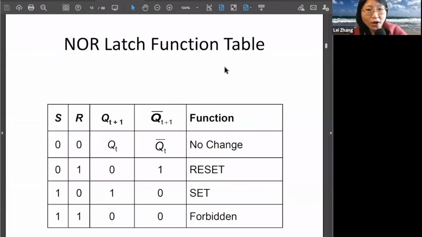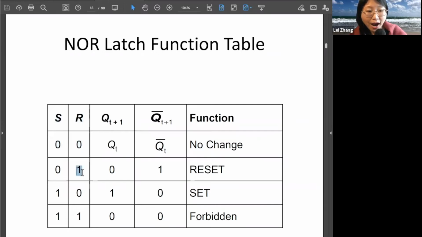For the NOR latch function, it is similar to the NAND latch function, apart from the inputs S and R now being active high. Again, when they're both 0, there will be no change to the output.